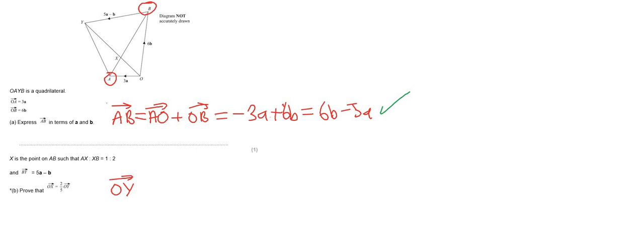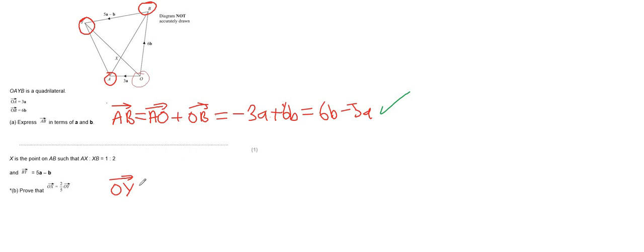So I want to go from O down here to Y up here. So again, I look at my path and think, I can't go directly, but I could follow the path of things that I know.